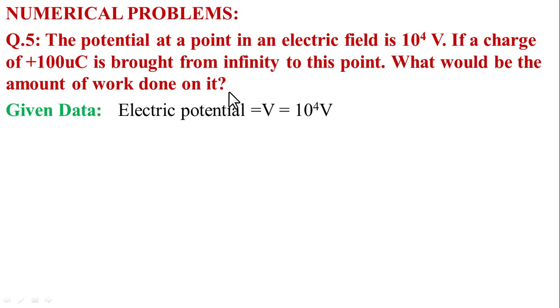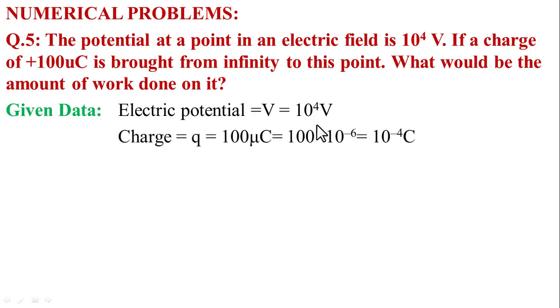Electric potential V is equal to 10 raised to power 4 volt and charge Q is equal to 100 microcoulomb. Here 1 micro is equal to 10 raised to power minus 6. So charge Q is equal to 100 multiplied by 10 raised to power minus 6, that is equal to 10 raised to power minus 4 coulomb. Now required: work done W is question mark.